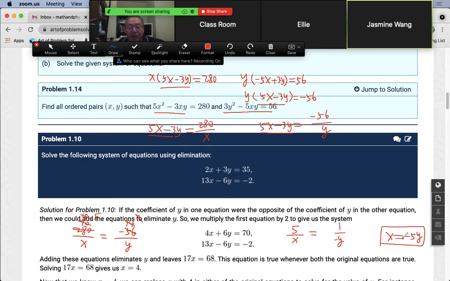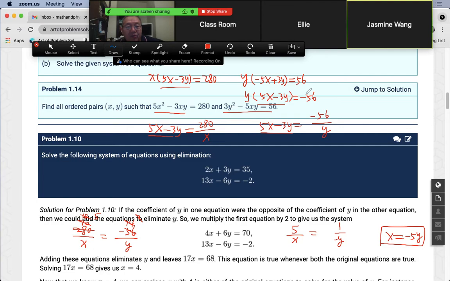Using this relationship, we can cancel out one variable. We plug this one into either of these two equations. Then you can cancel out x. You will only have y left. Because the coefficients of the second equation are smaller, if you plug into the second equation, that will be a little bit easier.